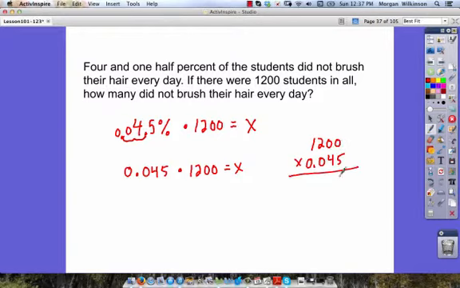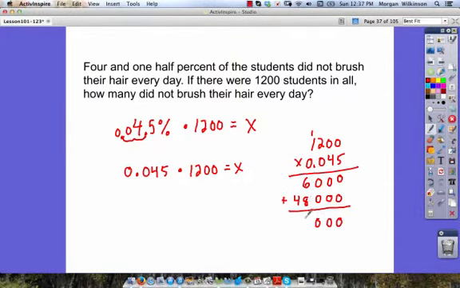5 times 0 twice is 0 twice. 5 times 2 is 10, we'll carry our 1. 5 times 1 is 5, plus 1 more gives us 6. We've got 0 as a placeholder. 4 times 0 twice is 0 twice. 4 times 2 is 8. And 4 times 1 is 4. So we've got 3 zeros after we add.